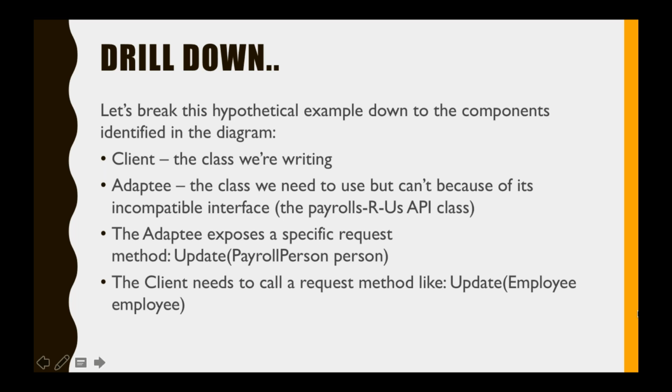Every adaptee will expose a method called update, where it will accept an object of a certain type only, and the client always needs to request a method called update, where it will pass the employee. So we need to interact the employee object with the payroll person object. That is what the whole problem is about. My employee should communicate all of the information to the payroll person, whatever it needs.